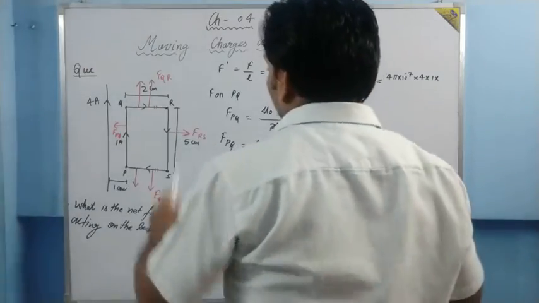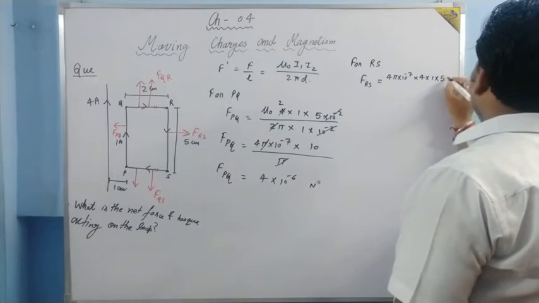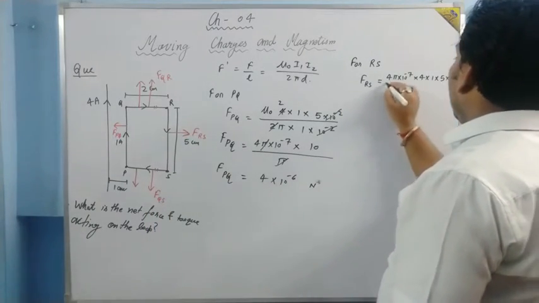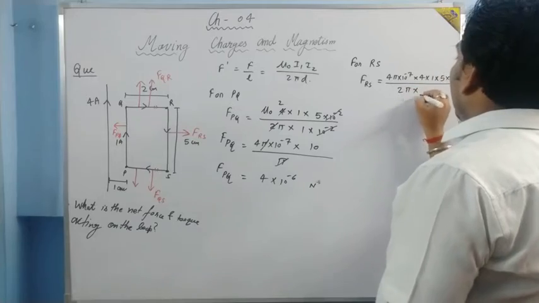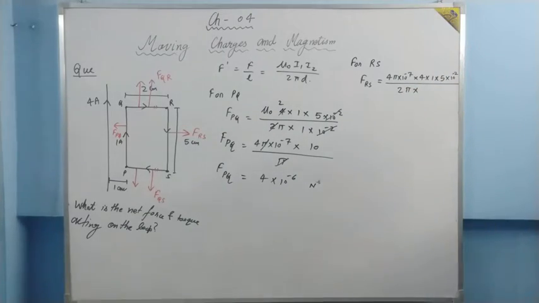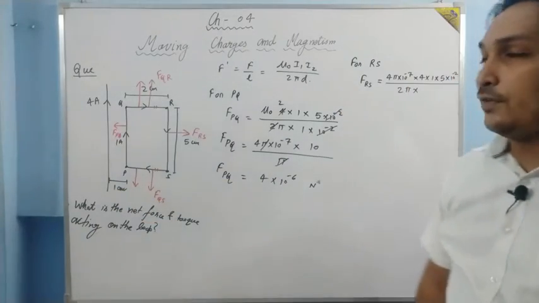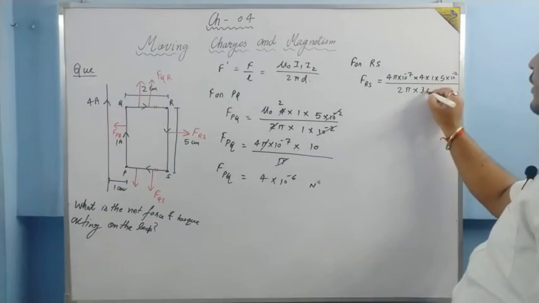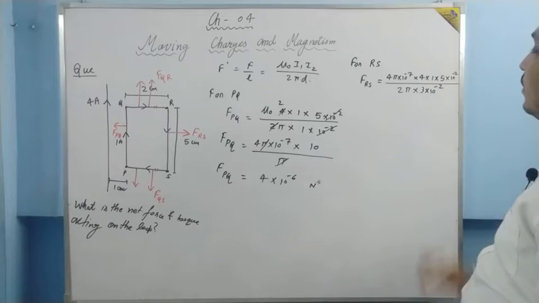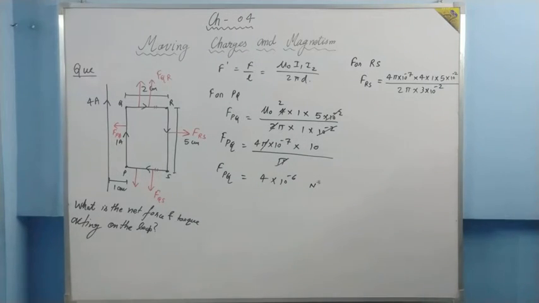Now the value of D. This length, what is that length? 5 centimeter, 5 into 10 to the power minus 2 upon 2 pi multiplied by D. What is separation now? So RS and this straight wire have a separation of 3 centimeter now. So it will become 3 into 10 to the power minus 2. Centimeter has to be converted in meter.